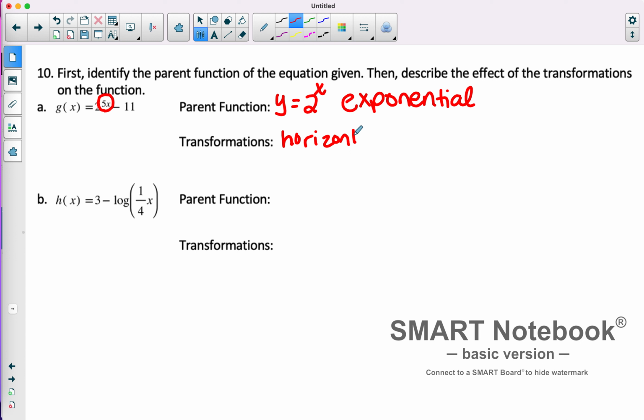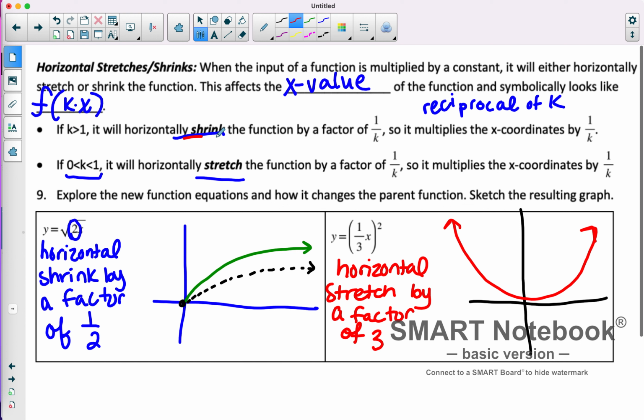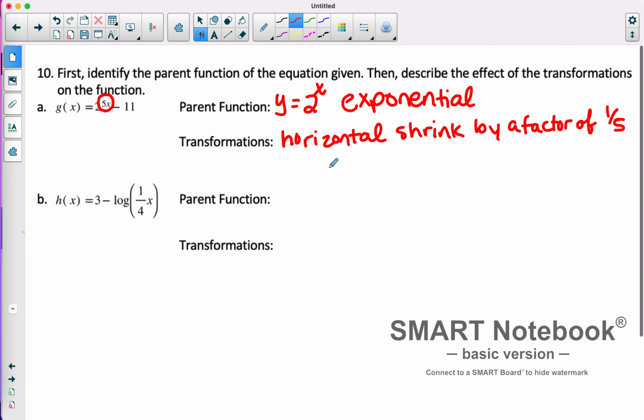We have to determine which one it is. Since we're multiplying by 5, that constant is bigger than 1, so it's a horizontal shrink by a factor of 1 over 5. There is a minus 11 in this function. That minus 11 is outside of the parent function, so it is moving down 11.